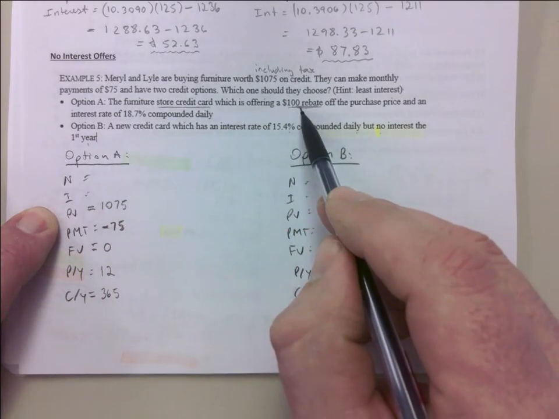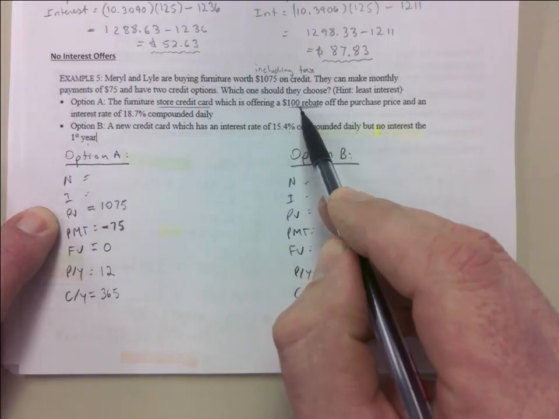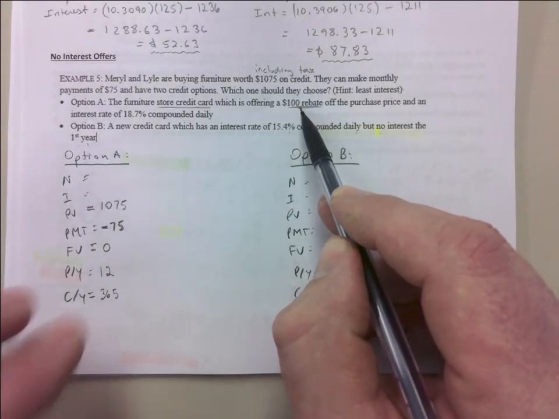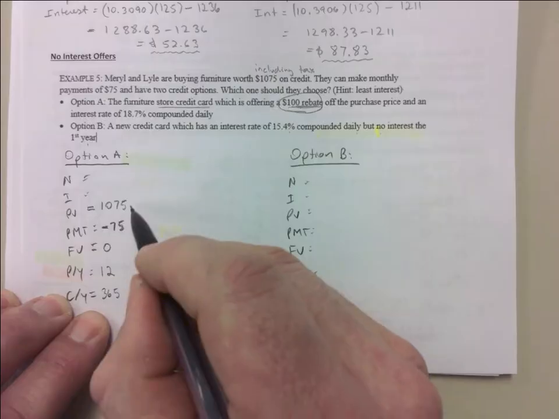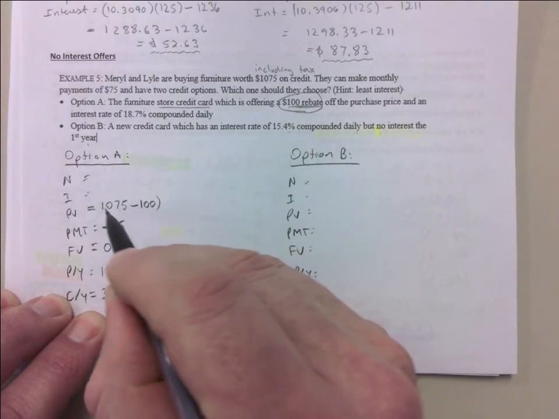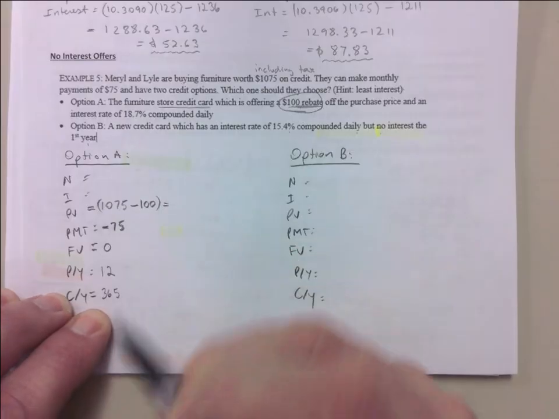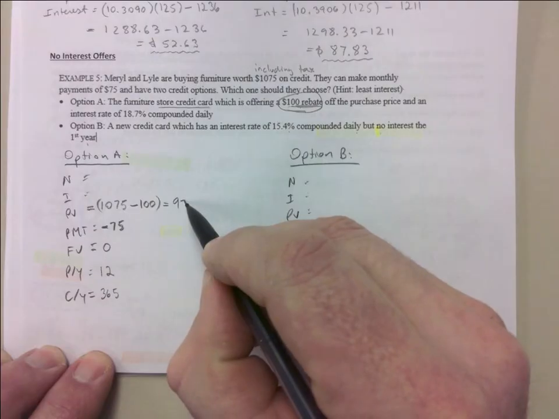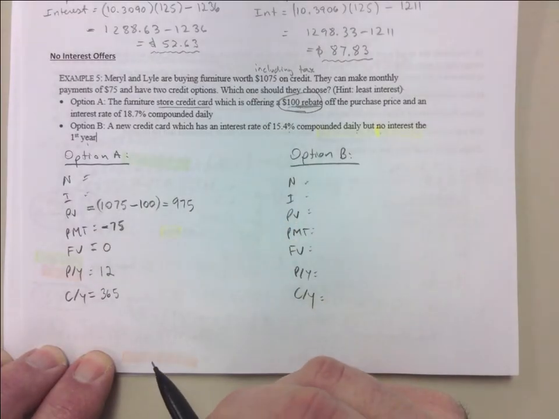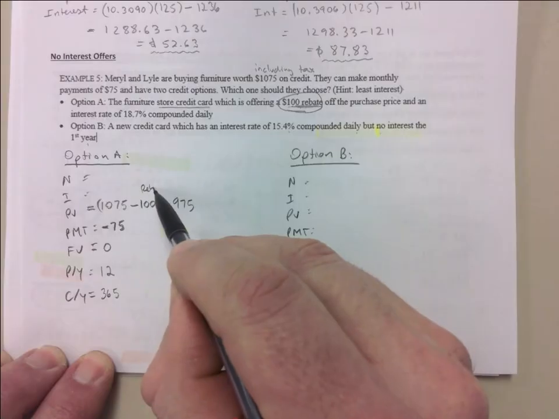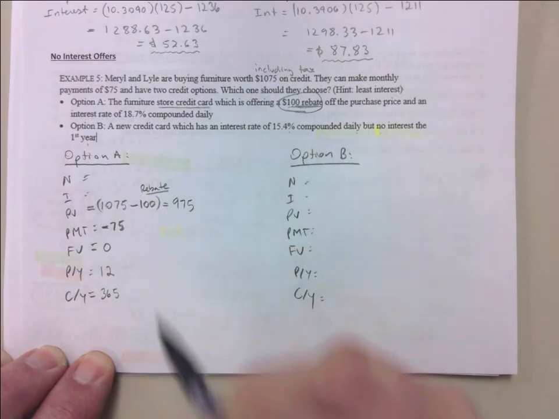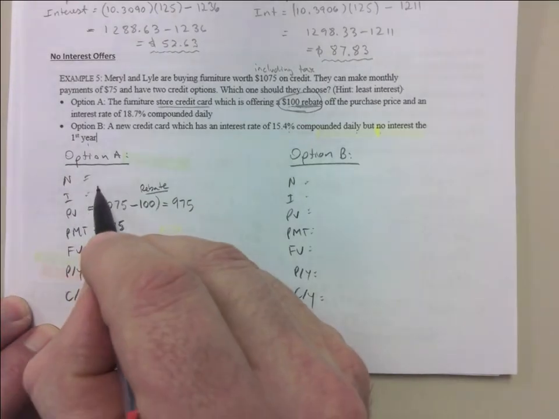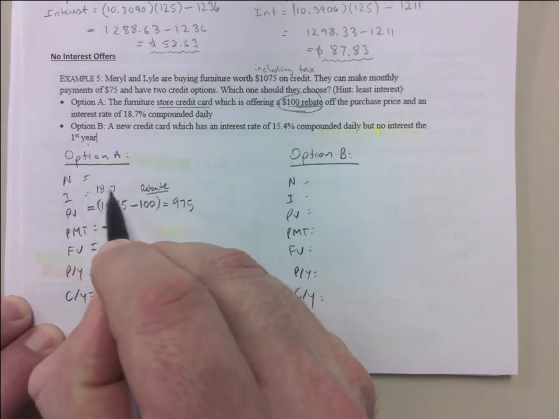Option A gives you a $100 rebate. If you see the word rebate, that means that they're giving you money back. Okay? So this rebate, we take it away from the present value. It's as if you're paying off $100 right off the top. So that's $975. This is the rebate. If you want to write it down in your notes, the $100 rebate. And then it's 18.7% interest.